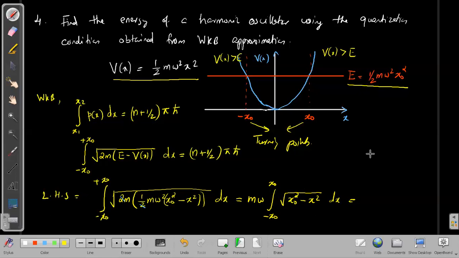Since this is an integration of an even function, it is possible to write it as 2 m omega times the integral from 0 to x0 of square root of (x0 square minus x square) dx.